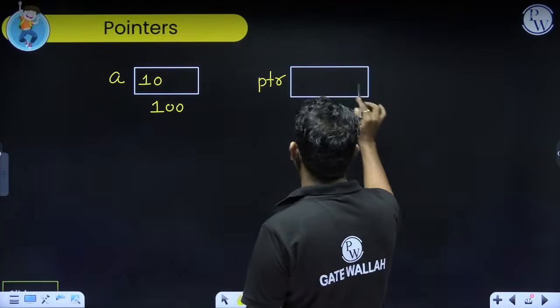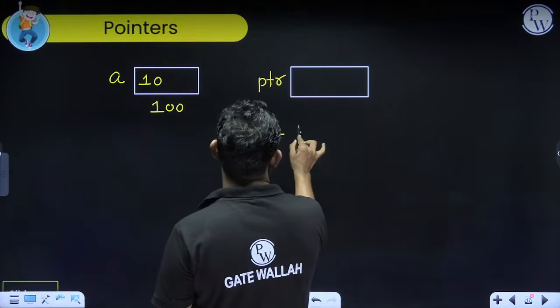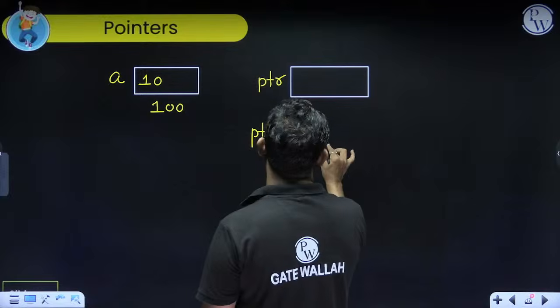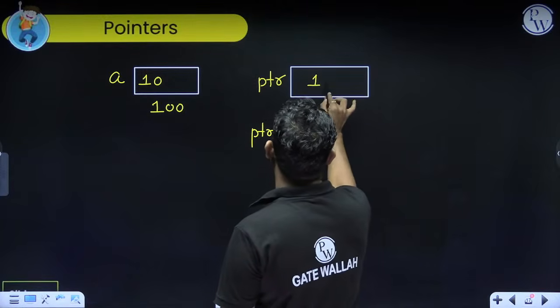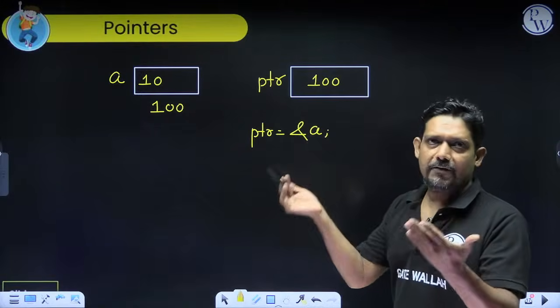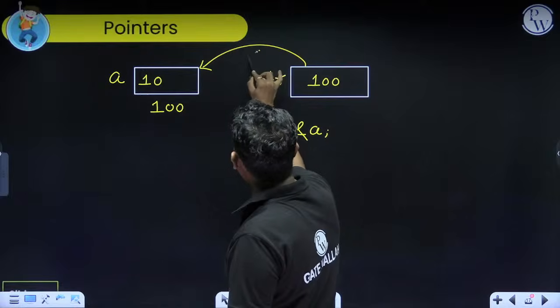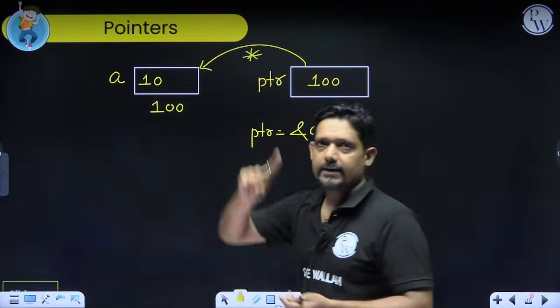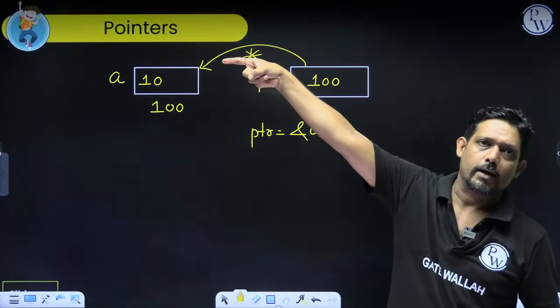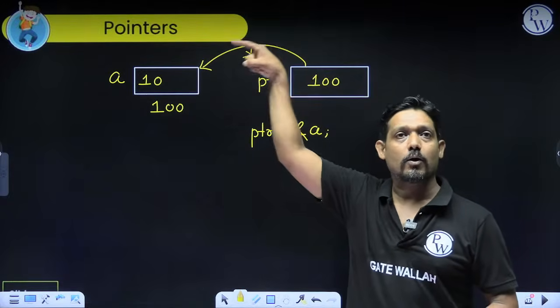Now once you say the statement ptr is equal to ampersand a, address of a, this 100 will be here. This is the arrangement, and since it is a pointer, you will find that this arrow will be there, as I said, pointing in this particular manner. This is saying go here, don't talk to me, go here.